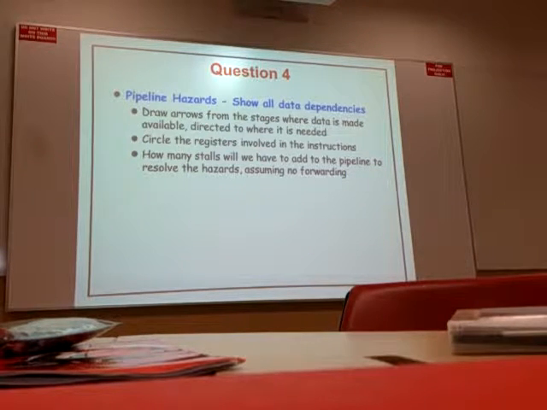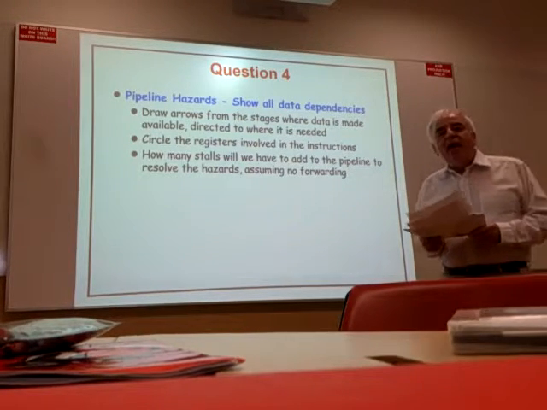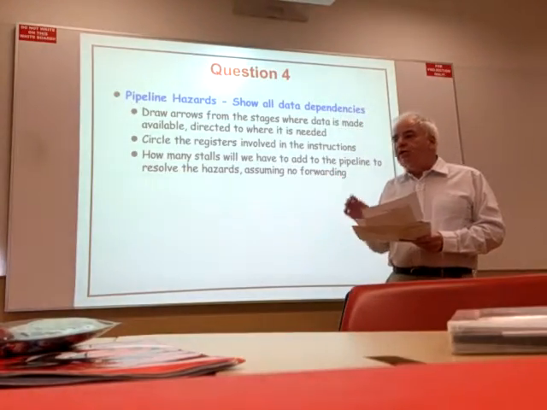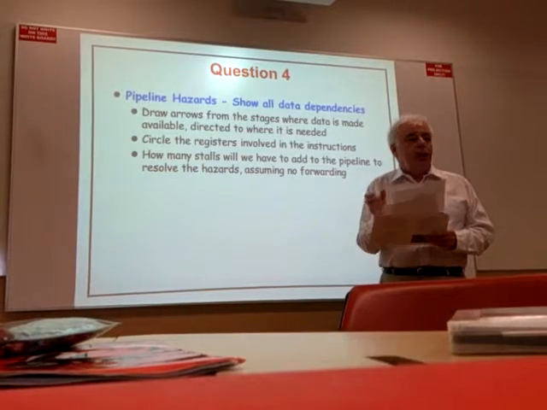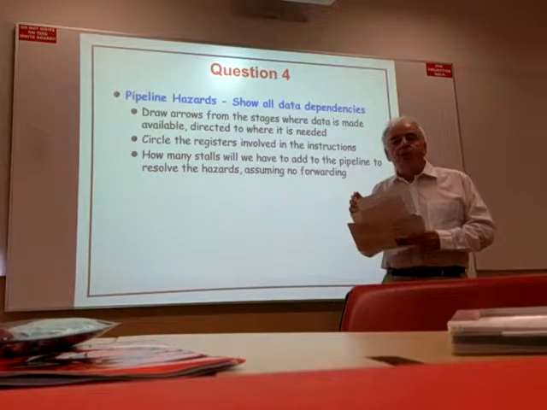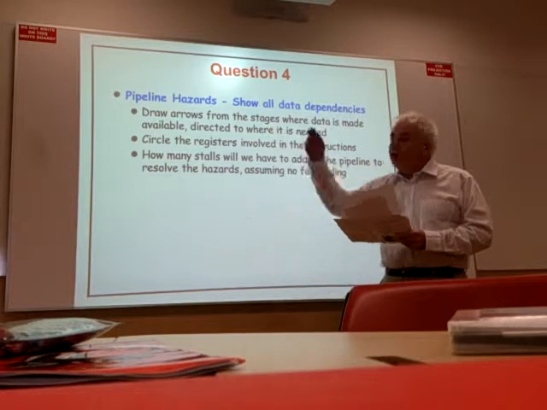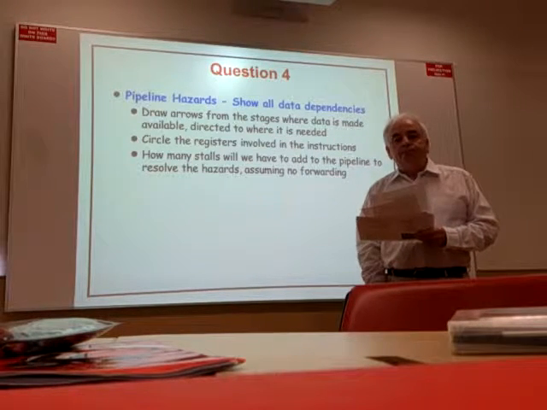The question gives us some example code. When we're executing these instructions in the pipeline, because we're starting to execute one instruction before we've finished executing the previous instruction, we can have what we call hazards.